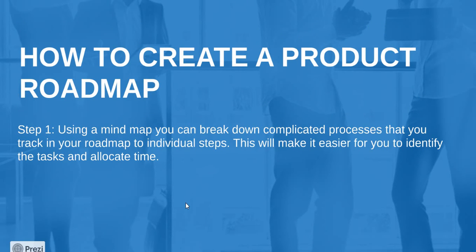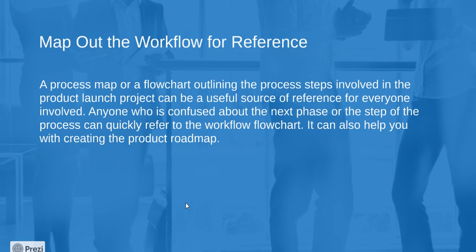How to create a product roadmap. Step 1. Using a mind map, you can break down complicated processes that you track in your roadmap into individual steps. This will make it easier for you to identify the tasks and allocate time. You have to map out the workflow for reference.